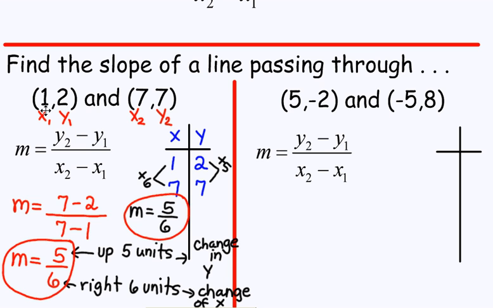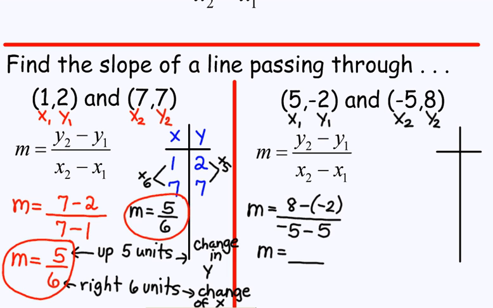If I try the next problem here, (5, -2) and (-5, 8), identify what x1 and y1 are and x2 and y2, and plug those in. y2 minus y1. Now that y1 is negative, so it's real important that you hold that in parentheses. x2 minus x1.